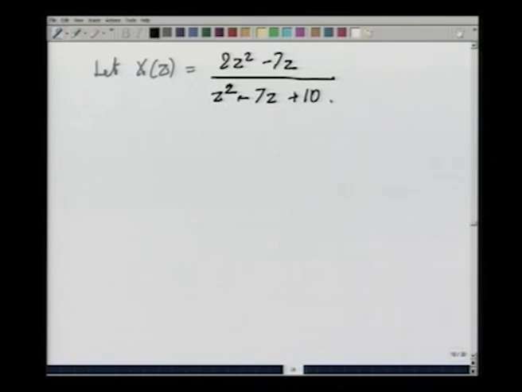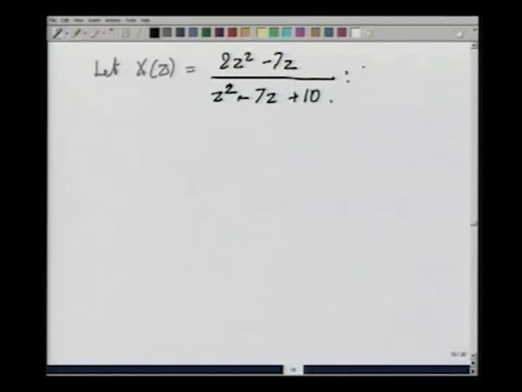This is a sufficiently cryptic looking X(z), and let us say that the ROC R is given as follows: 2 less than R less than 5. So, this is an annular ROC.